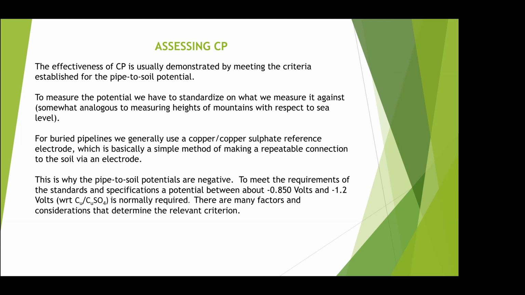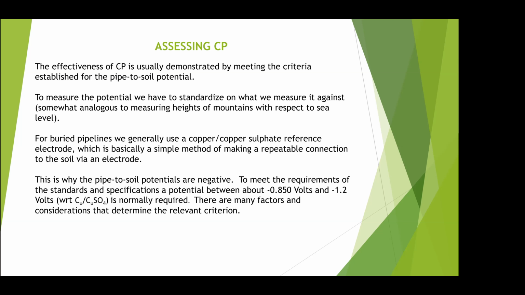And it just so happens that the copper sulfate reference electrode will give you a negative voltage. And in this case, it doesn't mean that negative is bad. We give recommendations in the various standards of having a potential between minus 0.85 volts and minus 1.2 volts with respect to a copper sulfate reference electrode.